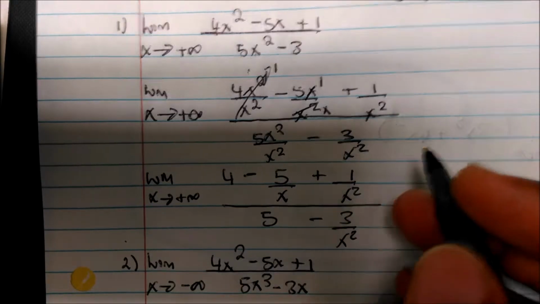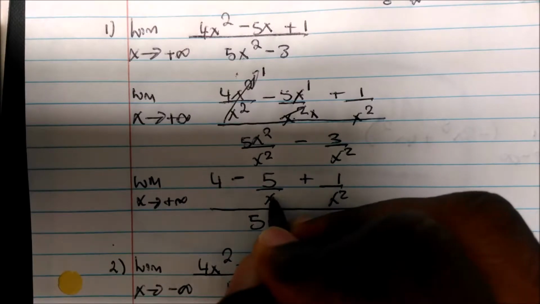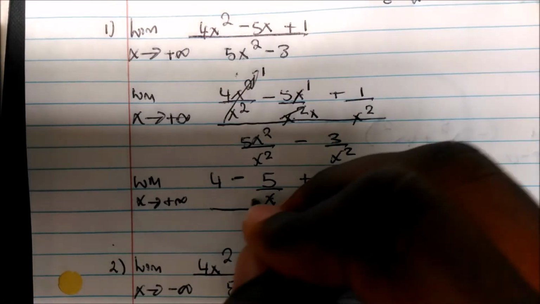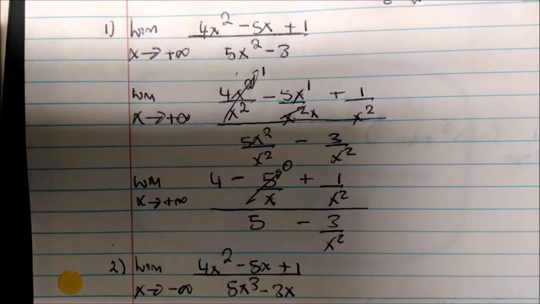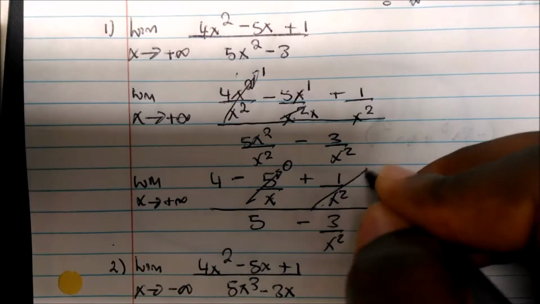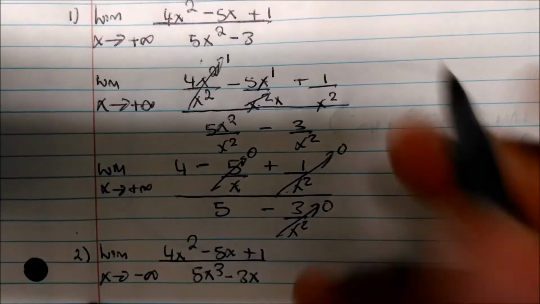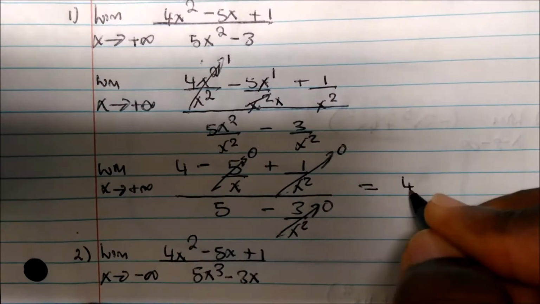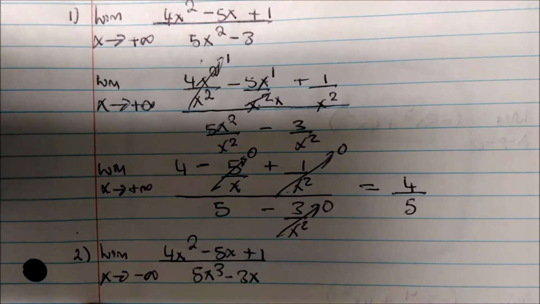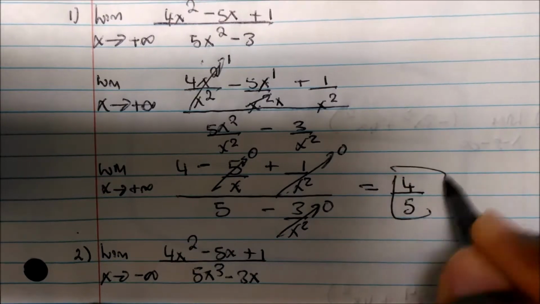The limit of this is basically going to 0. Same thing for this, going to 0. This also going to 0. So the limit of this function is actually 4/5. Let's tackle another one.